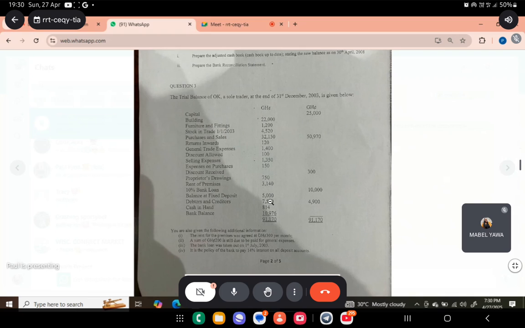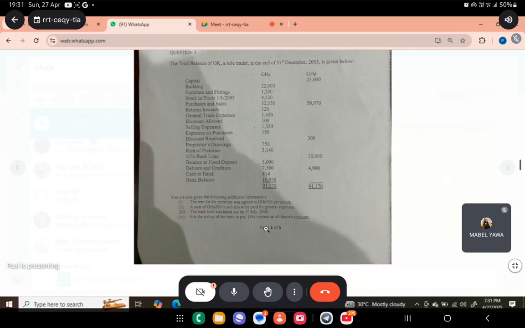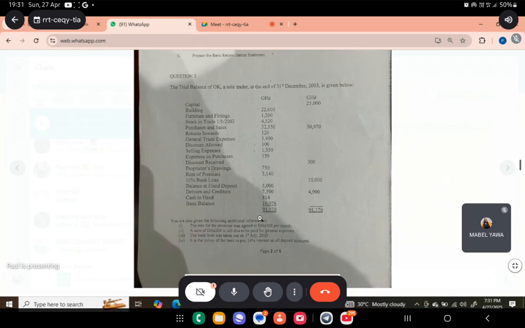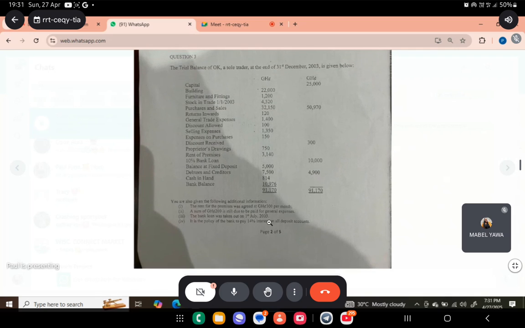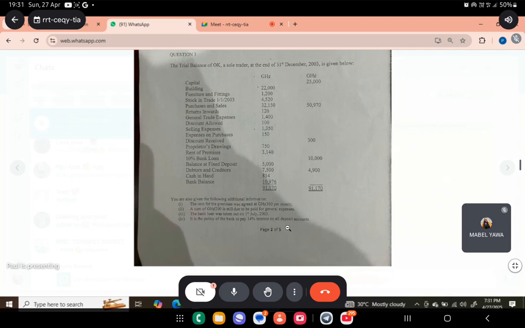Okay. Now you have given your money, 5,000 cedis, to the bank, and the bank is supposed to pay you interest on it. And they have agreed to pay 14% interest on all deposits. But yet there was no timing. Unlike the loan, where they brought a time, here they didn't bring any timing. So you don't subject it to timing, you assume a full year.